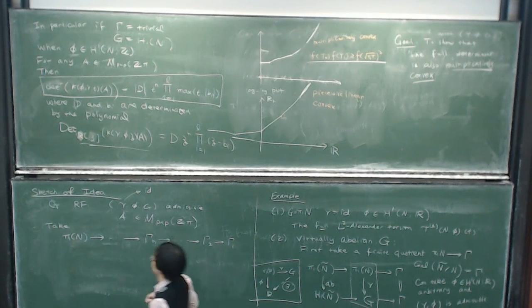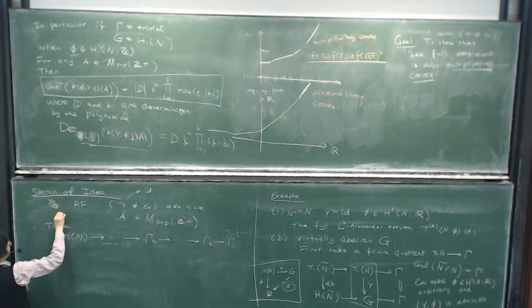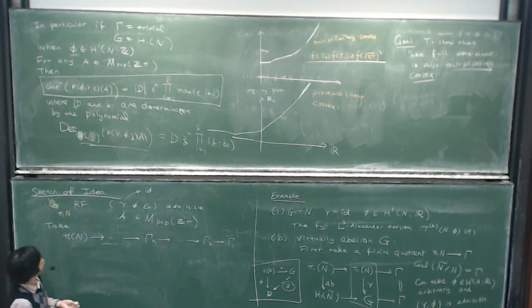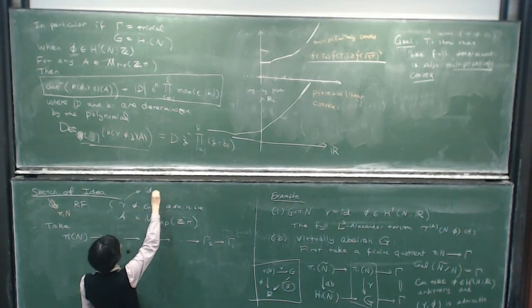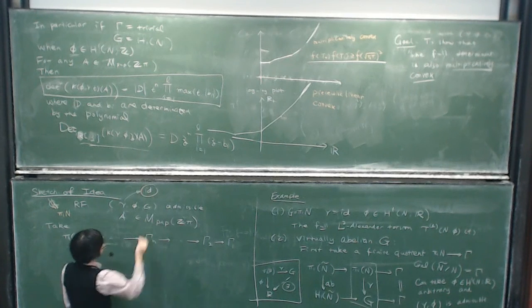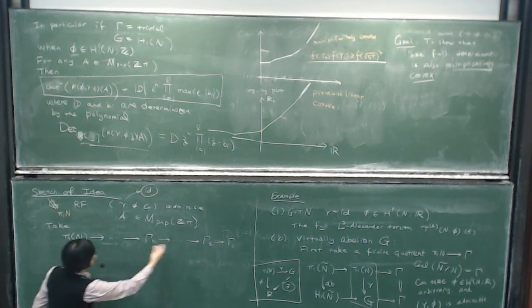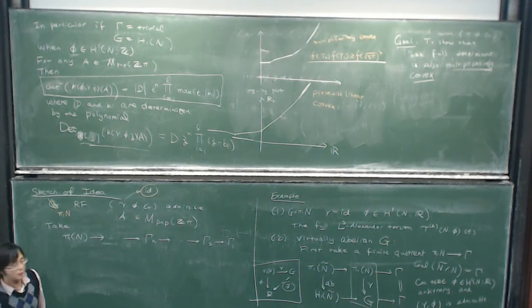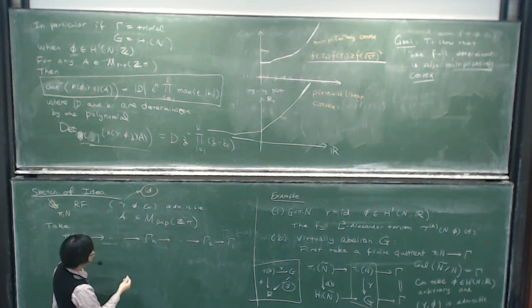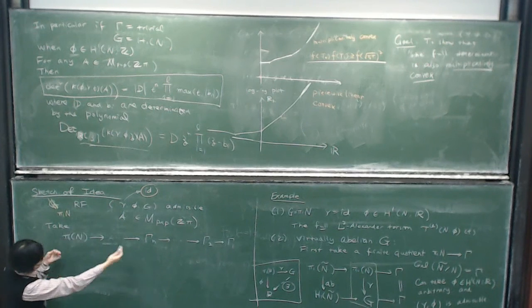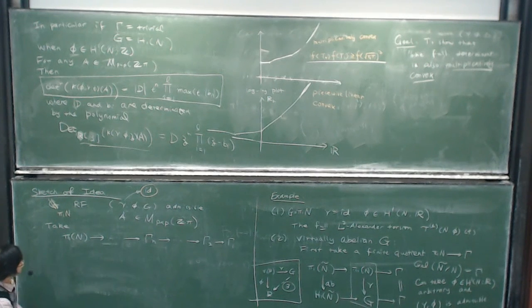Just for convenience, let me try to show this pi 1 of n case. For 3-manifolds, it's known to be residually finite, and take gamma to be the identity, just the full torsion. Then you will have a sequence of finite quotients such that the common intersection of the kernels will converge to your pi n.